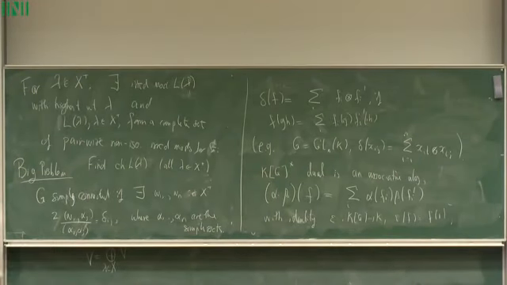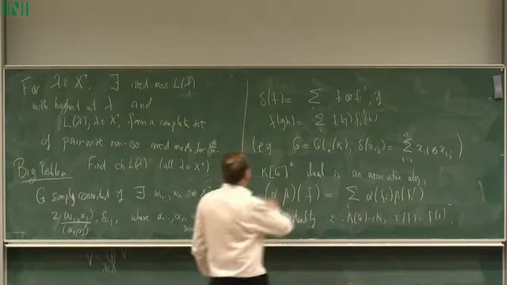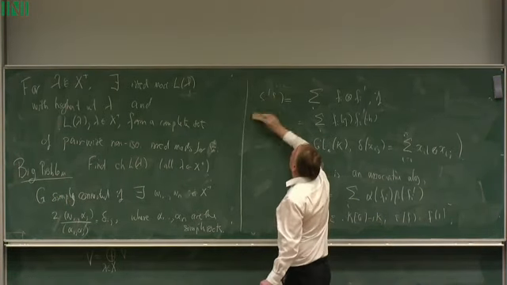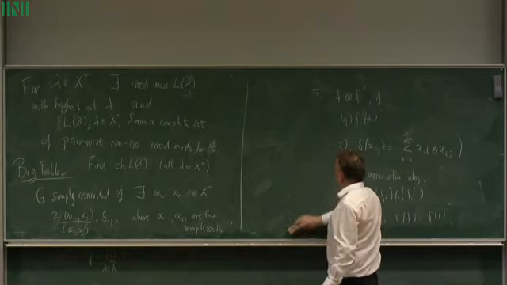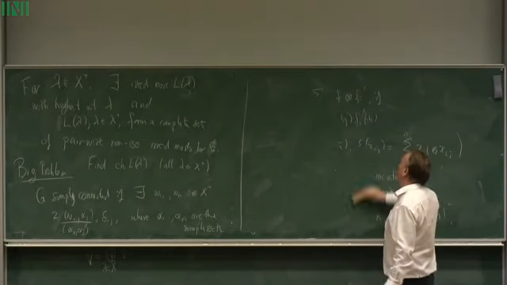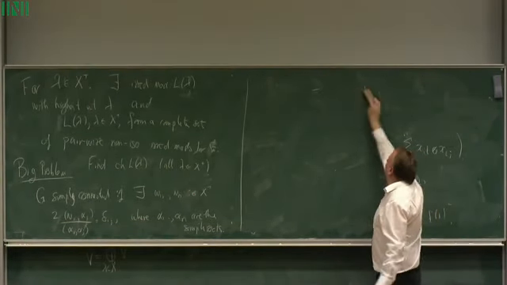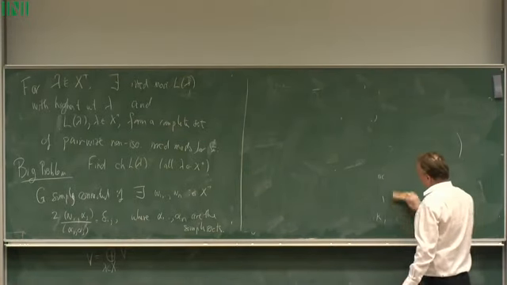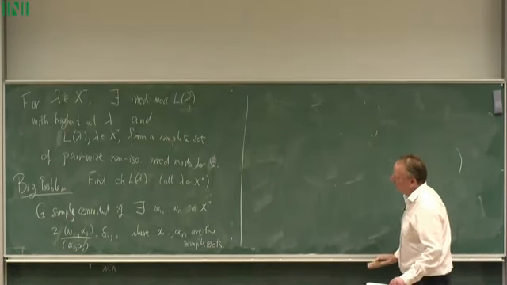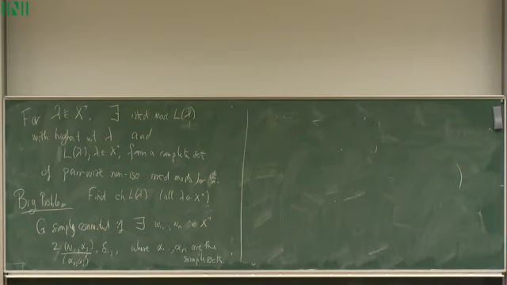For example, SLn is simply connected. And as far as representation theory goes, you only need to look at the simply connected ones. The other ones are a quotient, so their representation theory is included in that of the simply connected ones. So there's absolutely no loss in assuming that it's simply connected.